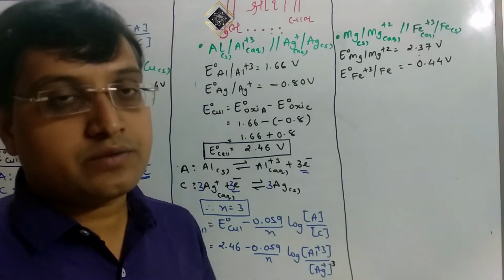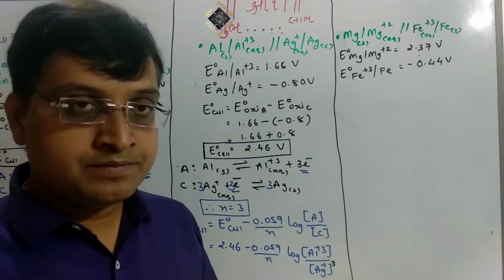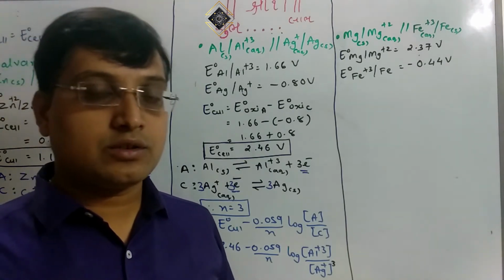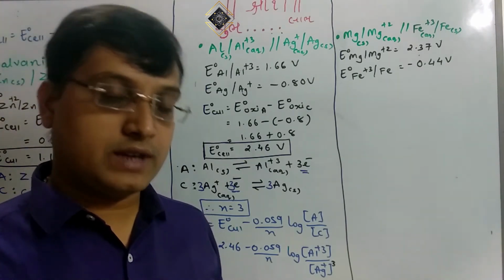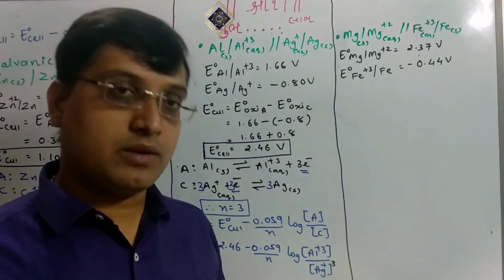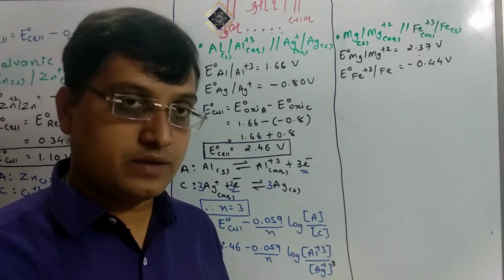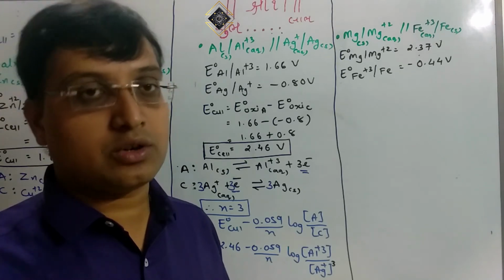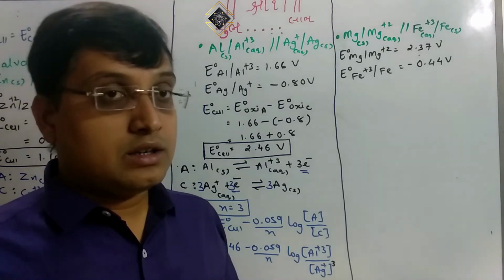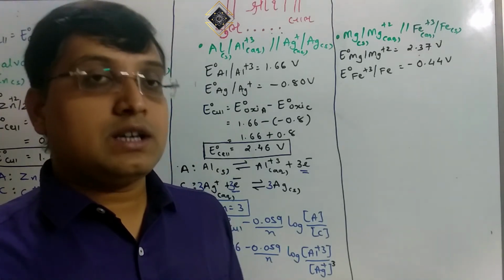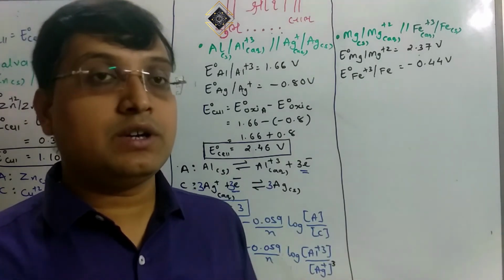So as we discussed, first we have to calculate E0 cell. E0 cell, in the form of reduction, is reduction of cathode minus reduction of anode. In the form of oxidation, it is E0 oxidation of anode minus E0 oxidation of cathode. Then what I told you: to calculate E0 cell, first check which form the given data are in.